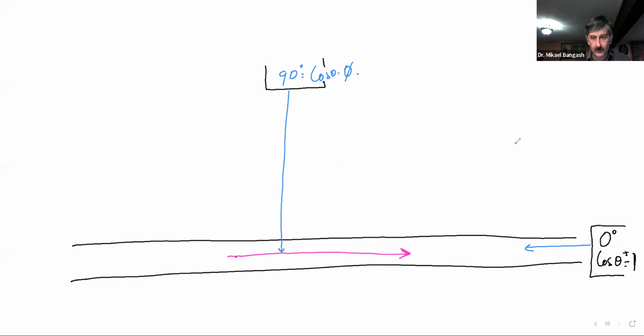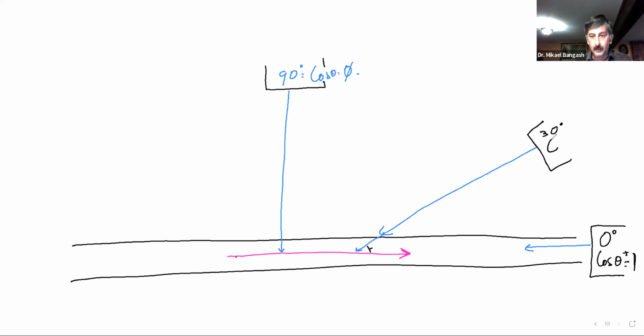Now we may say that if we scan from an angle like this, this is presumably a 30-degree angle. So if we scan from this angle here, the angle produced between the beam and the blood flow will be 30 degrees.